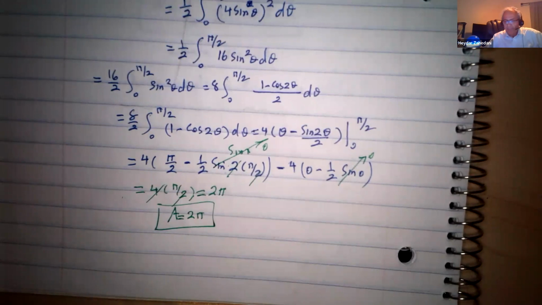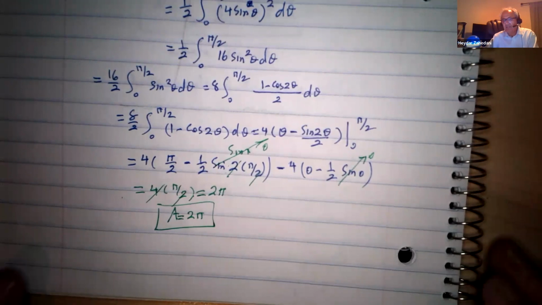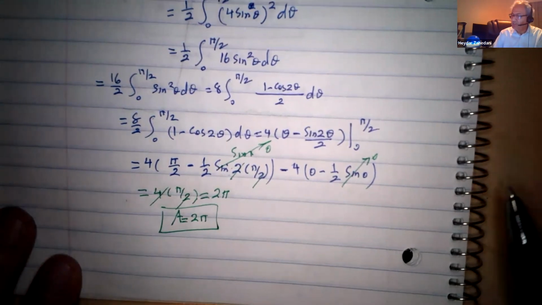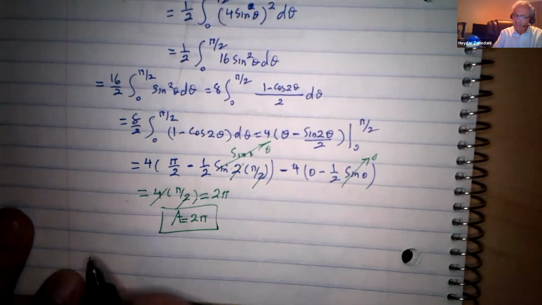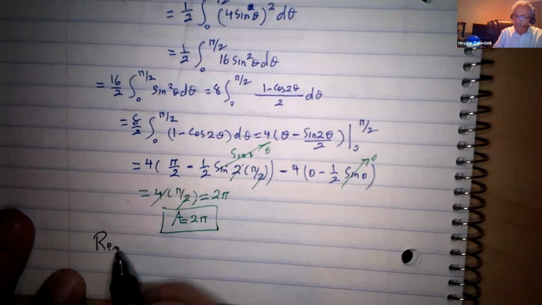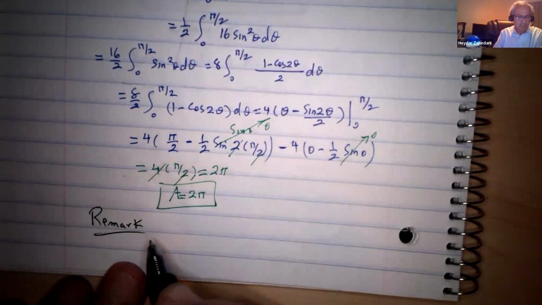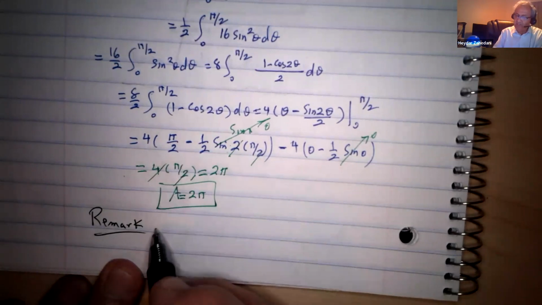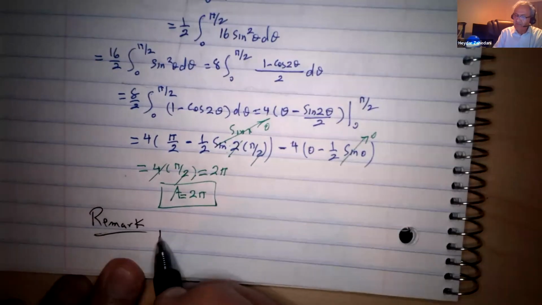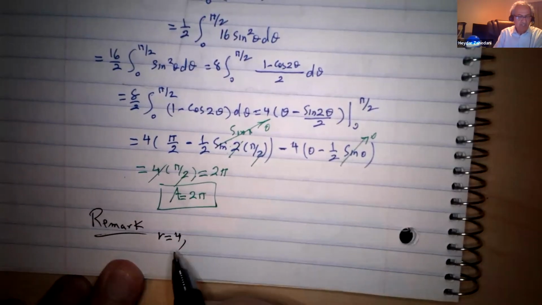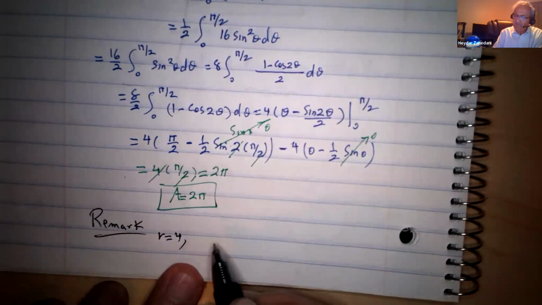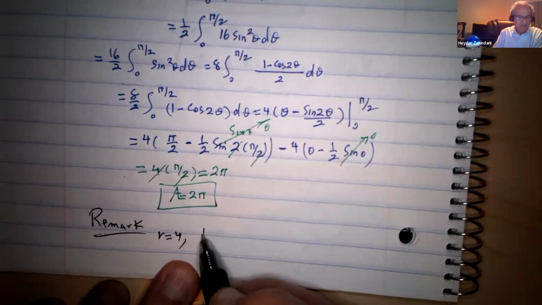And you know that we want to do it by polar form, of course. But just for your information, you see a remark. Note that this is a circle. The equation is a circle. So you know that the radius of this circle was equal to 4. So the area of a circle, what is that?